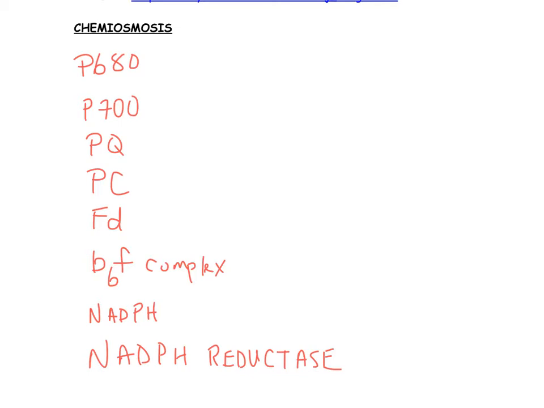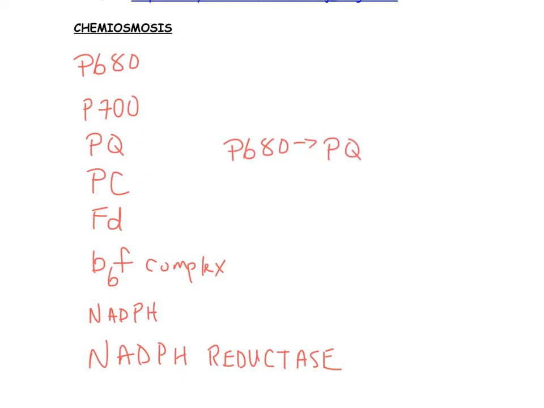Okay, so I am going to go ahead and do this. I'm going to make a copy of this molecule. I know that we start with P680. And then once P680 hits, I'm going to promote an electron to my primary electron acceptor, which for photosystem 2 is PQ.